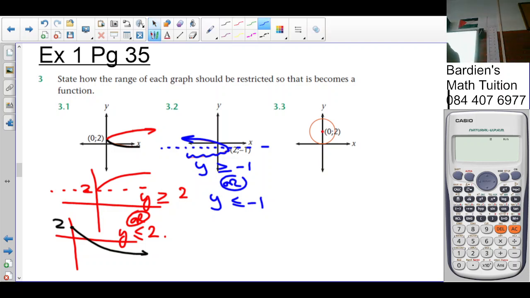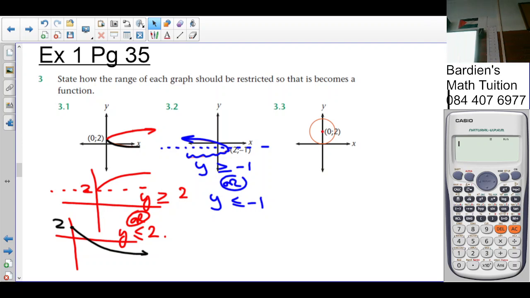Because that's a many to one, and if I go this way, down, that's a one to many. Can you see that? So in other words, it becomes a many to many relation. It's not a function because it does not pass the vertical line test.